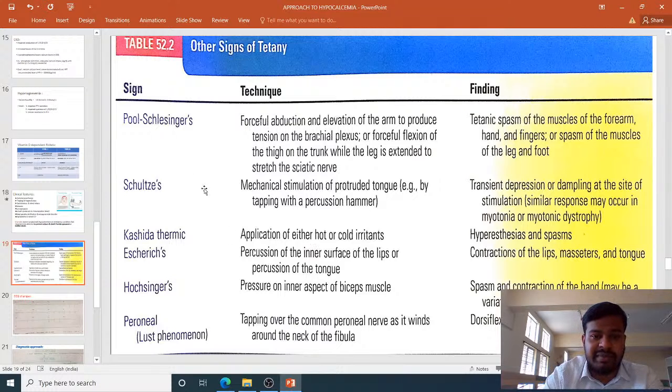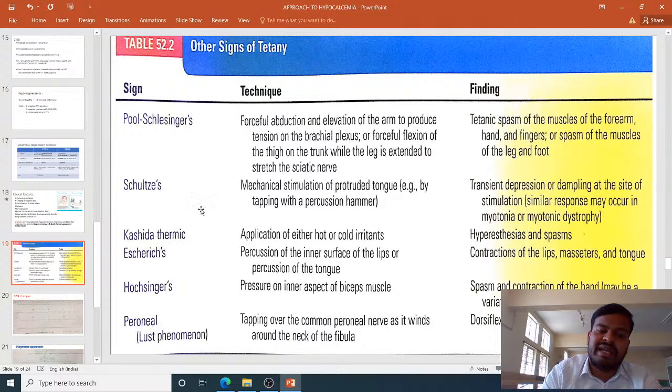Just briefly go through: a forceful abduction and elevation of the arm to produce tension in the brachial plexus, and forceful flexion of the thigh on the trunk while the leg is extended to stretch the sciatic nerve. So this is a technique, and the finding we see is tetanic spasm of the muscles of the forearm, hand, and fingers, and spasm of the muscles of the leg and foot.